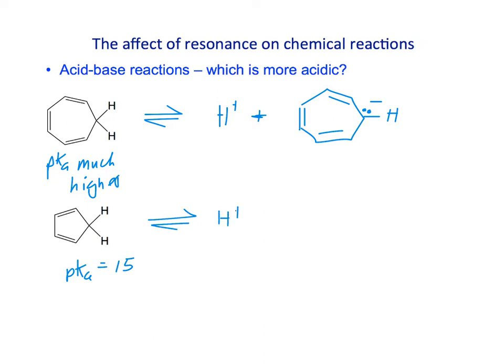If we do it for the bottom one, we have the same kind of deal. This is the conjugate base for that cyclopentadiene. Okay? So, for some reason, the bottom one is more stable than the top one.